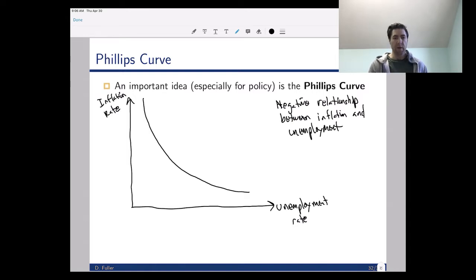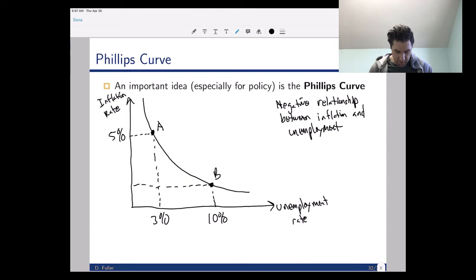Or between inflation and employment, if you prefer that. If I wrote it that way, it would be an increasing function, but the same idea. So I'll draw a couple points here, points A and B, that help us understand that relationship.